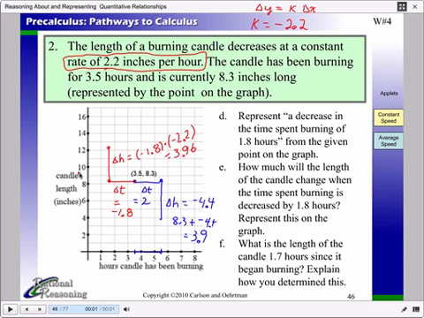Okay? And so, to get the new height then, we take the old height, which was 8.3, and add, which you said puts us at 12.26.